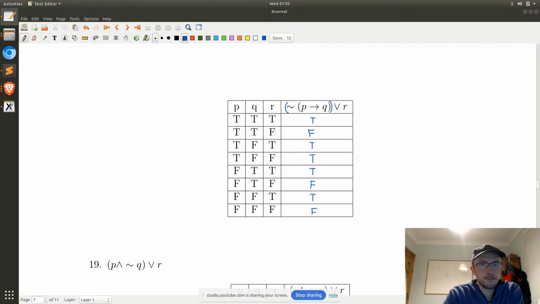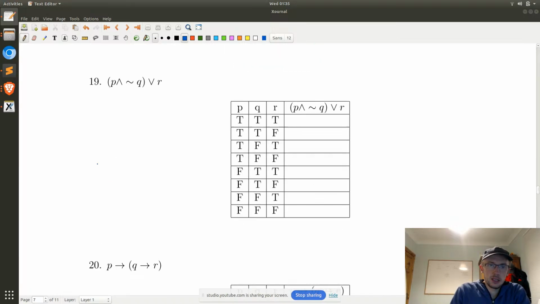Not P implies Q or R. Now for the 19th one. P and not Q or R. Again, the disjunction is the main connective, and so if R is true, then it's true.